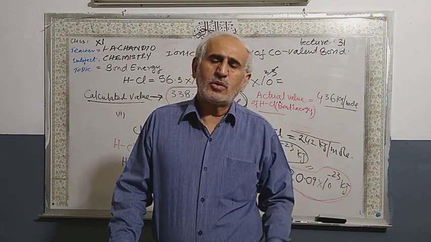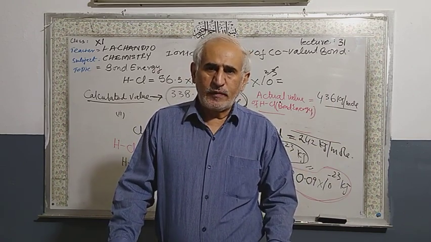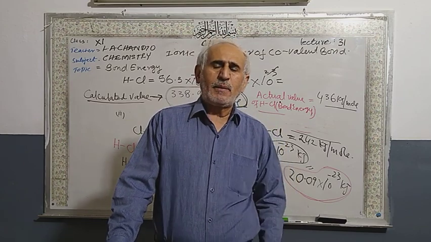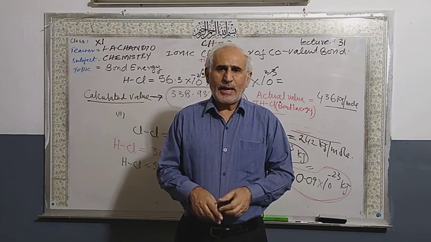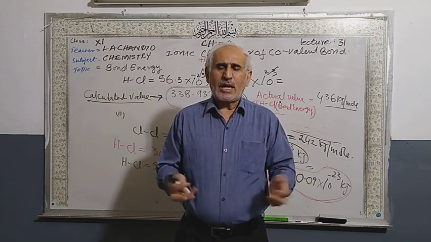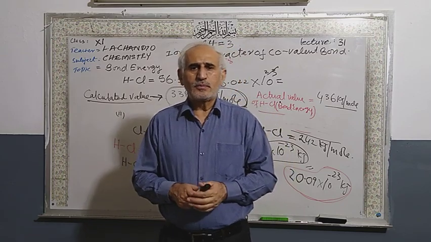This smallest value indicates that between hydrogen and iodine there is the least polar bond, and it has very little ionic character as compared to hydrogen fluoride.